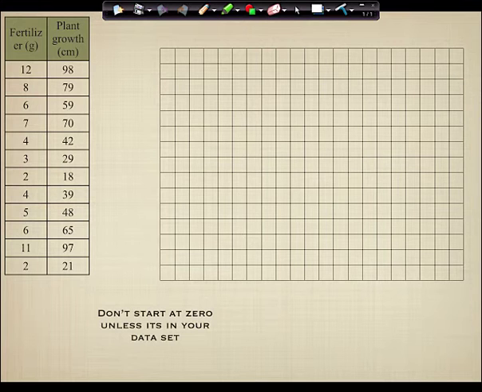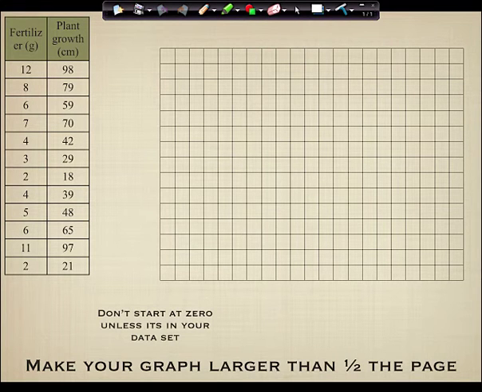Okay? Thought number 2 is this. Guys, see it down at the bottom? Always make your graphs larger than half the page. That is always going to be the case.